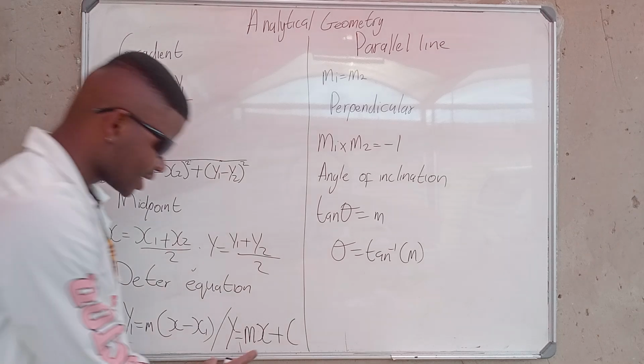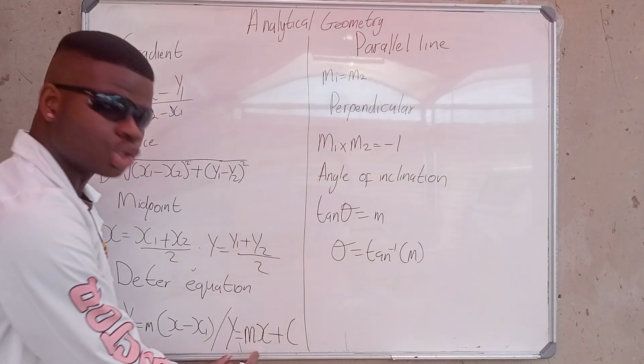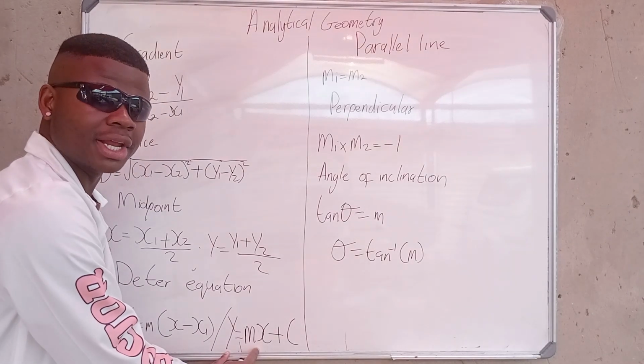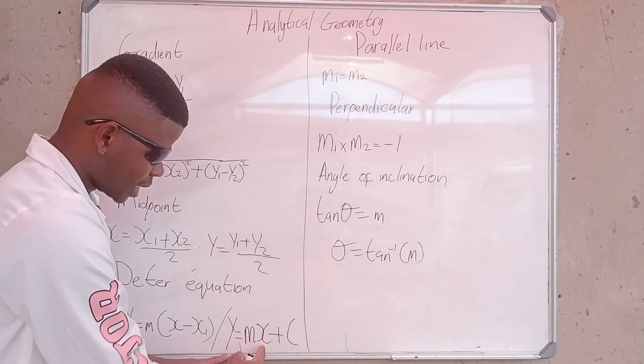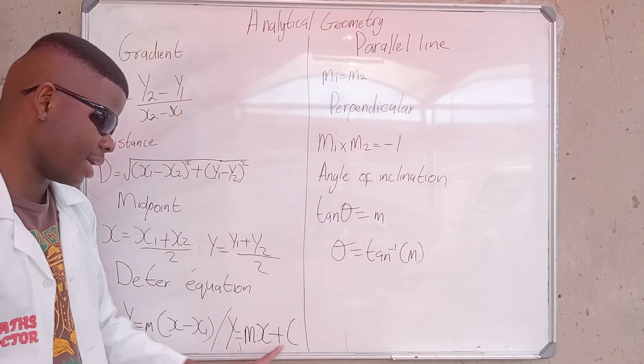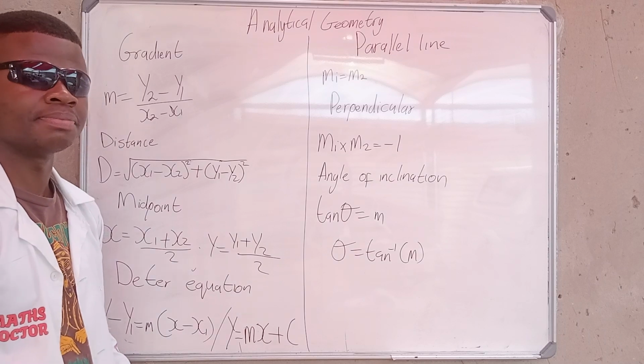In this case, you're going to substitute the given coordinate on that line. You're going to substitute your x and your y and your m, and then you find c, sharp.